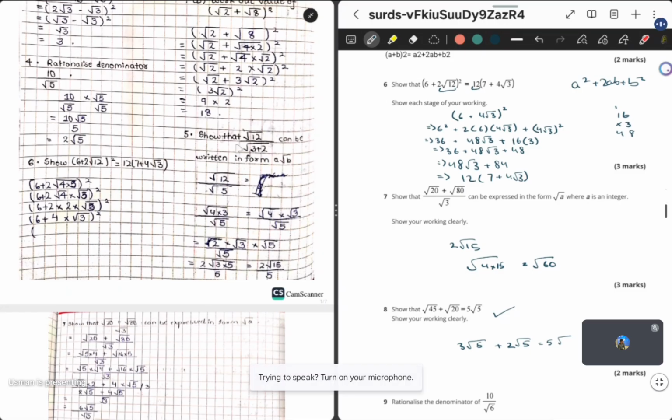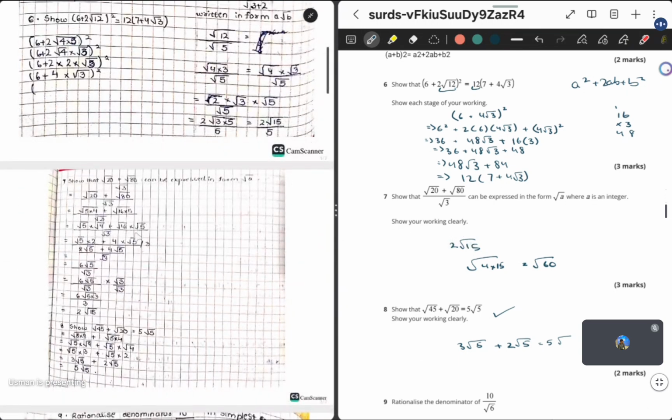So then you have show that 12 root 3 is 200. 5, right. So question number 2, under root 15. Okay, so you had to make it into an integer. So you've gotten this part right. You've gotten till here. But there's one more mark that you will get when you take this 2 and you put it inside the root. So if 2 goes inside the root, it becomes what? 15 multiplied by 2 squared, right?